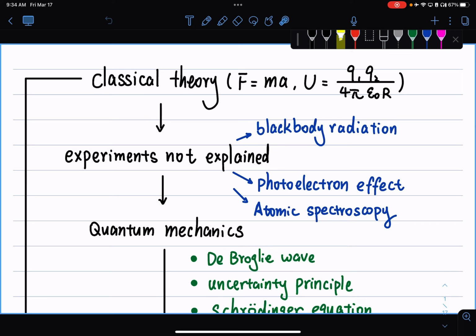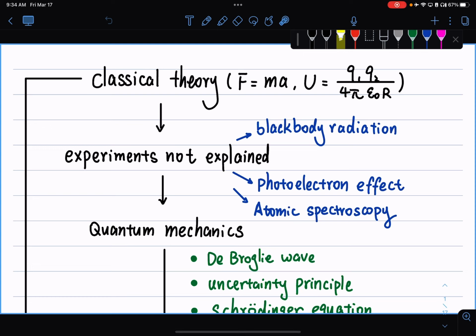So we start from the very fundamental classical theory of the attractive force between the nuclei and the electron, the repulsive force between the electron and the electron, etc. And then we move on to talk about why we need quantum mechanics. The reason we need quantum mechanics is because the classical theory simply doesn't work on the atomic scale.